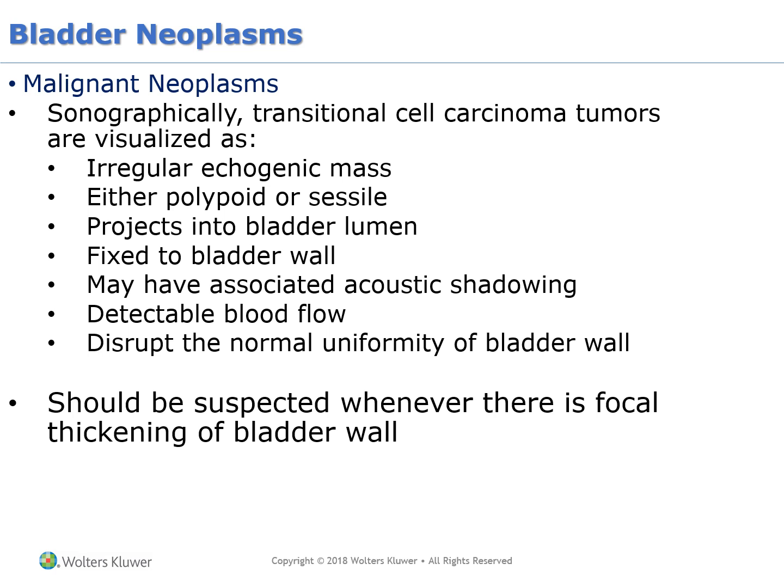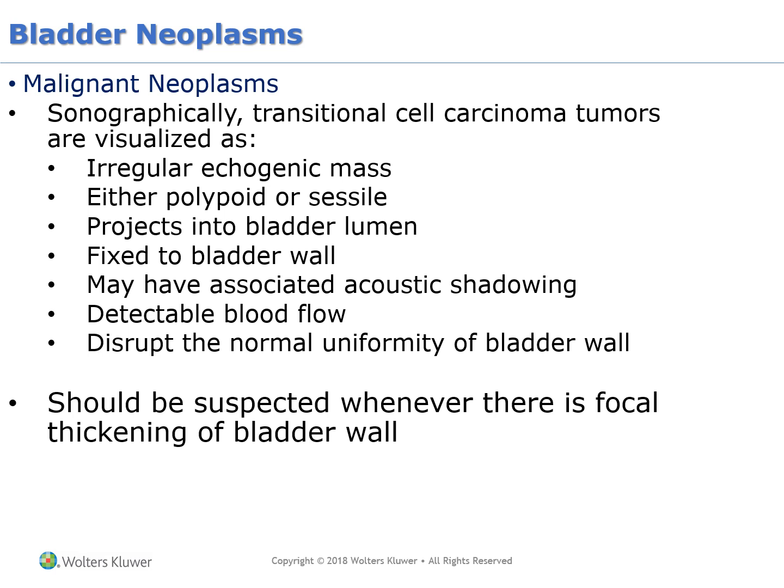They will typically project into the bladder lumen, which makes it easier to identify if they have a nice full bladder. They will always be fixed to the bladder wall because they have to be getting their blood supplies from somewhere. So when you rotate your patient, when you roll them to their side, these are not going to move. They may have acoustic shadowing, but it's not guaranteed. And the key is they're going to have detectable blood flow within the mass.